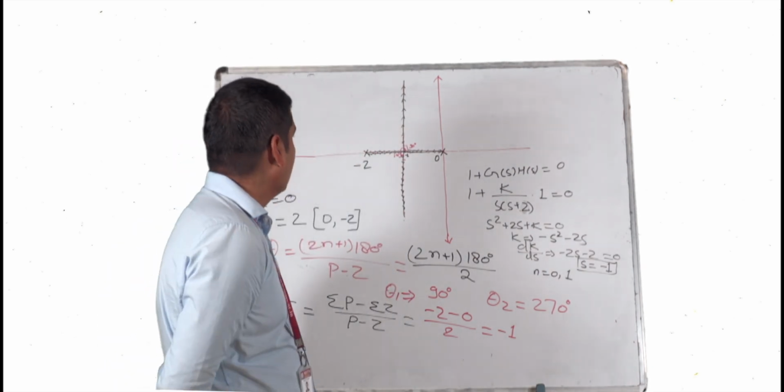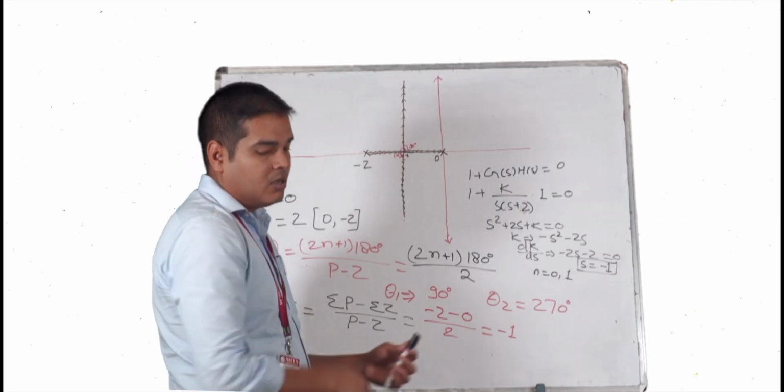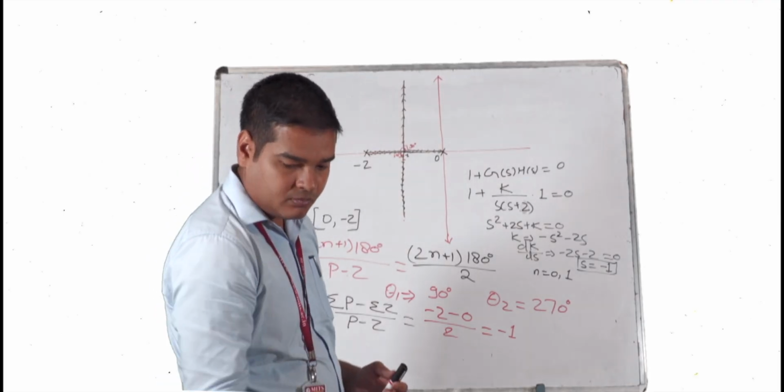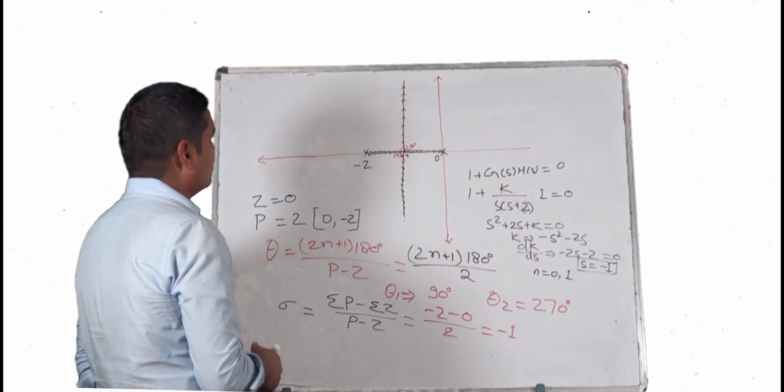Now we'll check what happens when we add one more pole in the system.